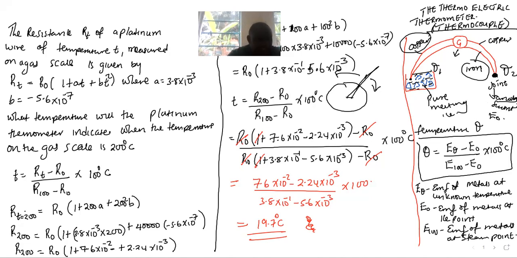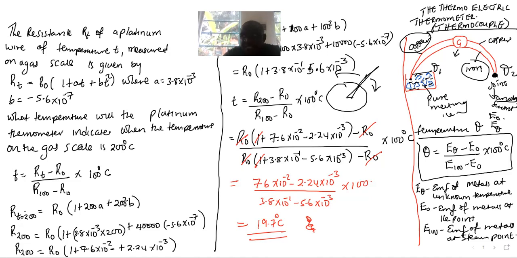Then the hot junction is put in a point whose temperature is required. So you go ahead and put it in an environment whose temperature you are looking for. Then as a result, there will be a difference in the temperature, and the thermal EMF will be generated, which will bring about E theta and E naught.